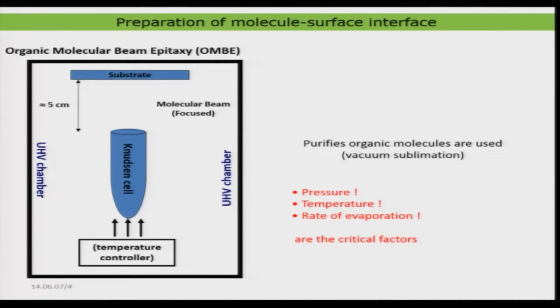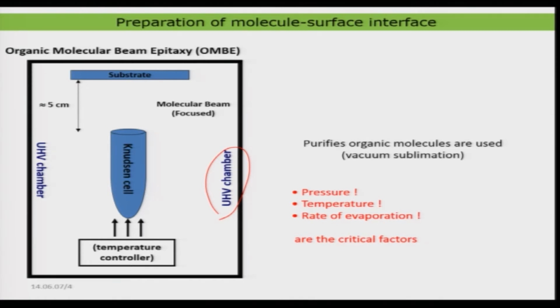Good. Now, let me show you how to prepare an organic or molecular layer on a surface. What we need is an ultra high vacuum chamber, because, as I have already told you, we are going to prepare everything using an evaporation technique.